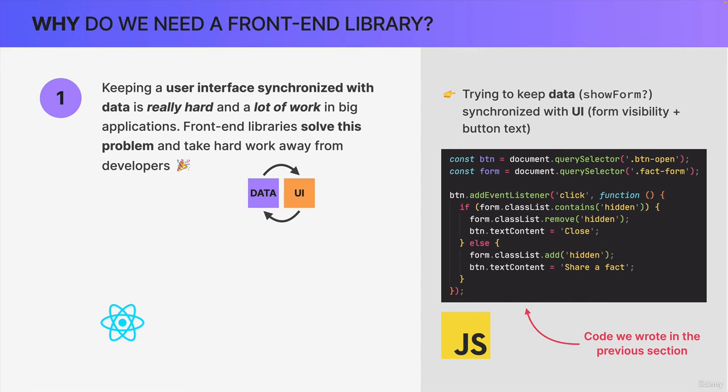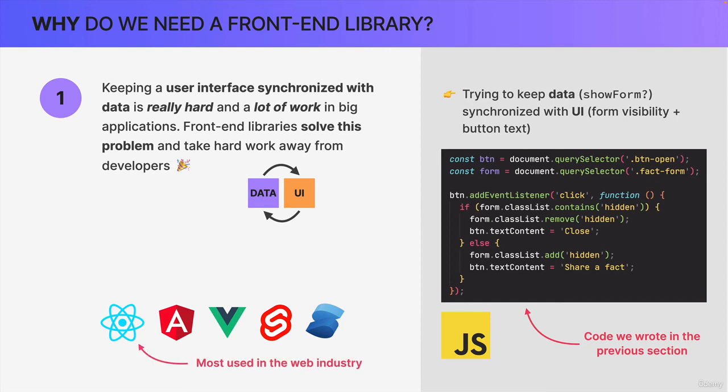And React is of course only one of many front-end libraries that are available to developers. There's also Angular, Vue, Svelte, Solid, and many others. But React is actually the most popular and the most used one in the web industry. And so that is why I chose it for this course.